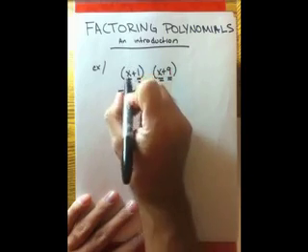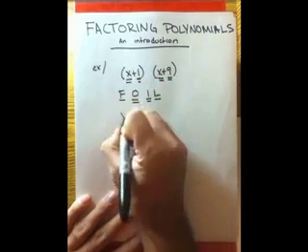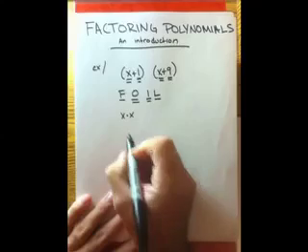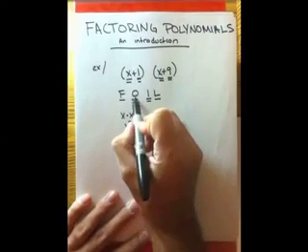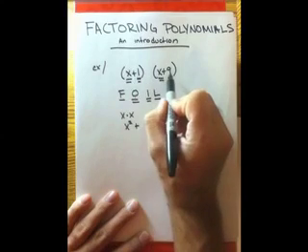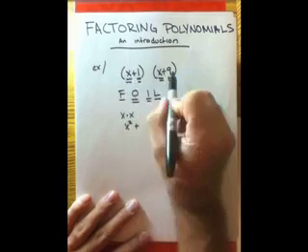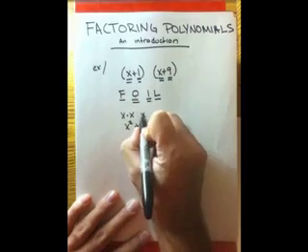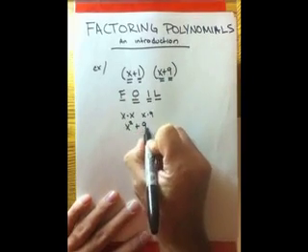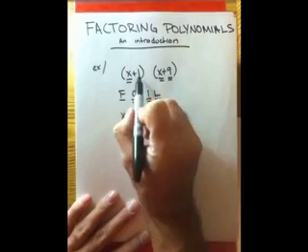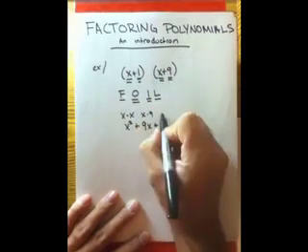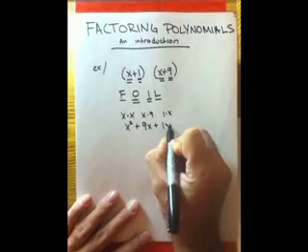So going over that again, let's use FOIL. F stands for the first term, so x times x. X times x gives us x squared. Add that to the outer terms, x times 9, which would be 9x, added to the inner terms, which would be 1 times x, or 1x.